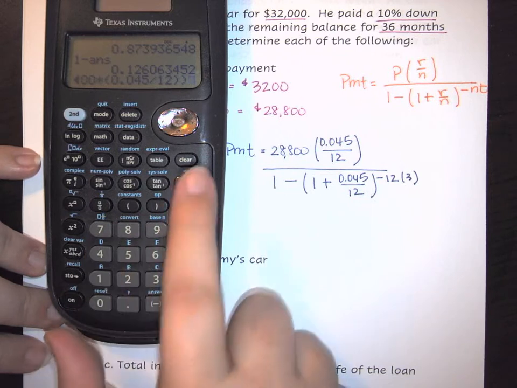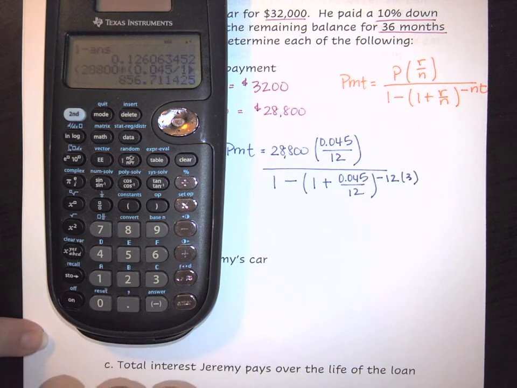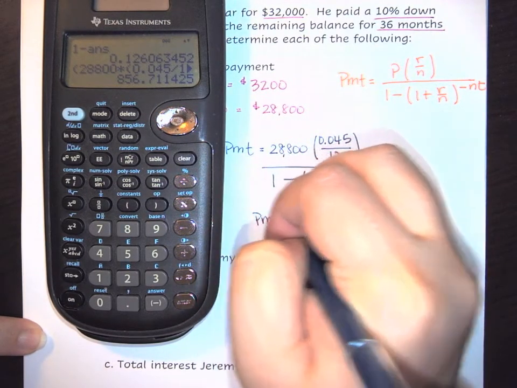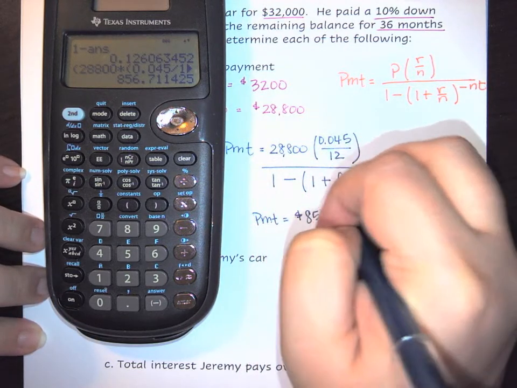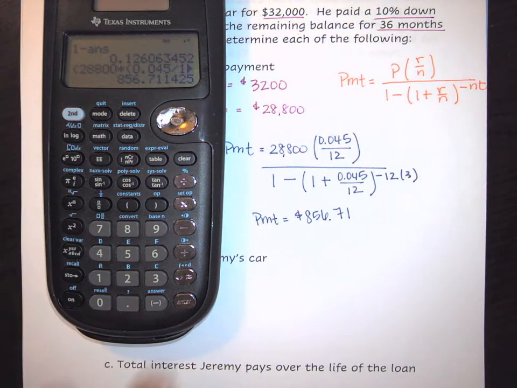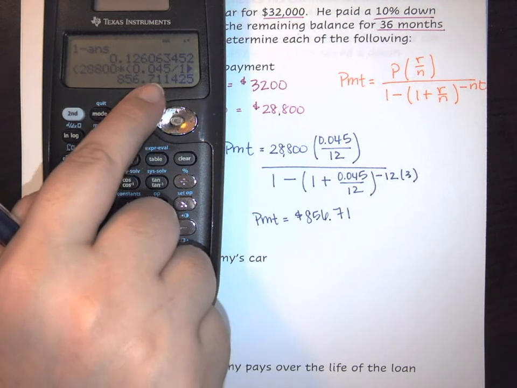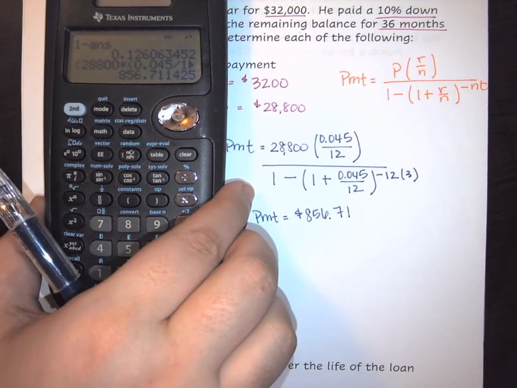Close it twice, and then I'm going to divide it by second answer and hit enter. And in this case, we end up with a payment that is $856.71. Now you always want to make sure that you round to the nearest cent. So we did just that. So 71 cents is our cents, and that would be your monthly payment.